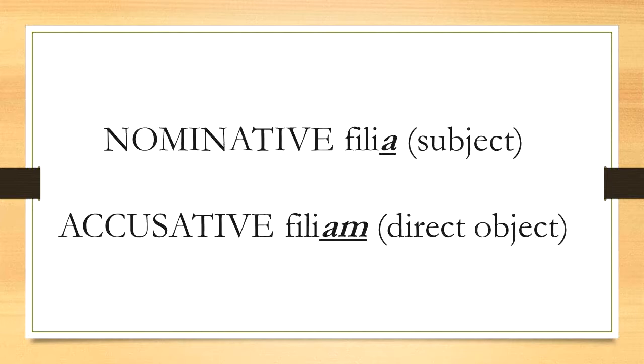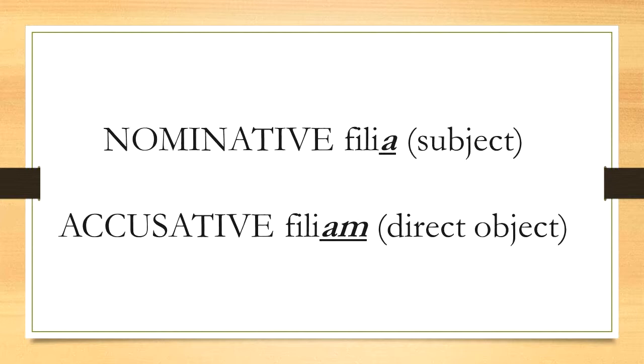Words with a subject ending are in what we call the nominative case. You know that the daughter is the direct object because in all of them, the word for daughter has the direct object ending, the am.